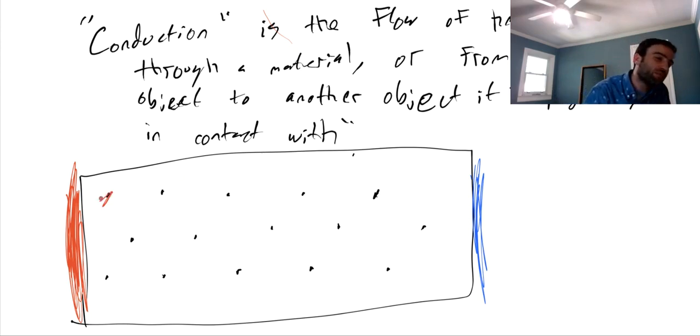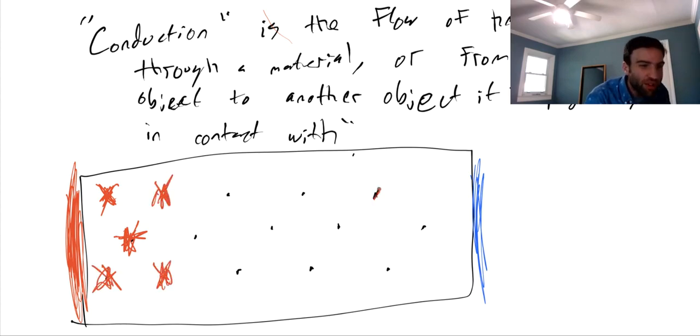Well, the atoms over here in the hotter part are wiggling and vibrating quite a bit more than the atoms over here. The atoms over here are vibrating and oscillating more than the atoms they're sitting next to.